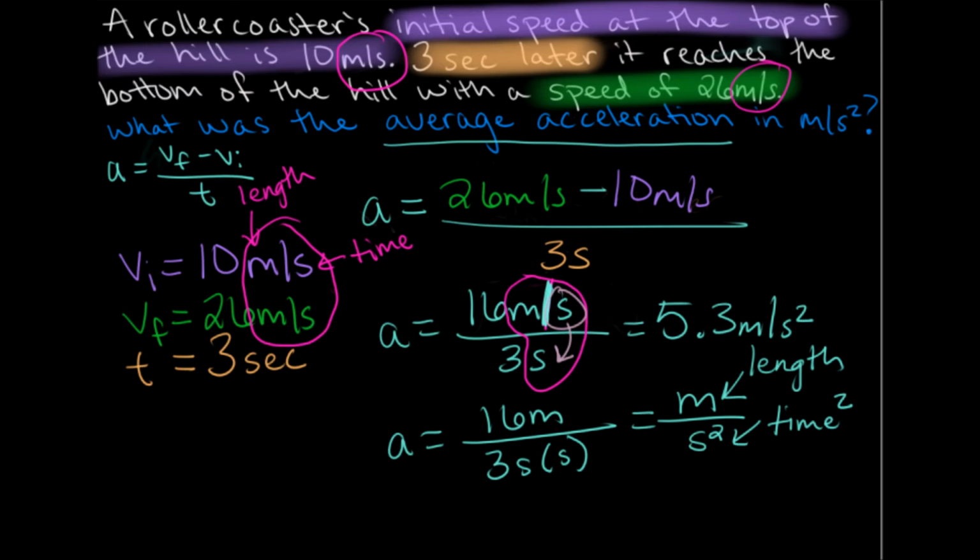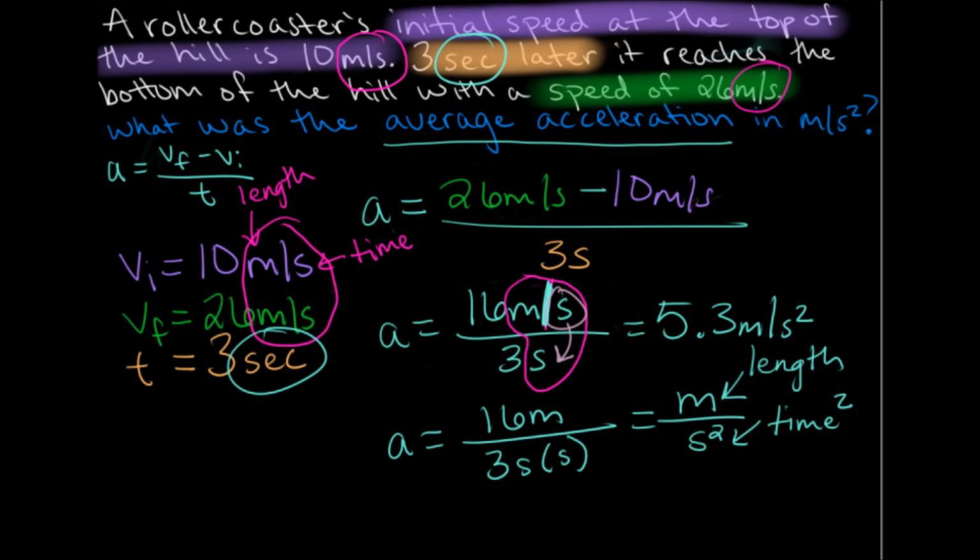Seconds is always time, or it's hard to describe because a time is a time, but it could be minutes, it could be hours, but whatever time you have is always just going to have that one unit of time. Seconds, hours, minutes. And that is why knowing your units is so important.